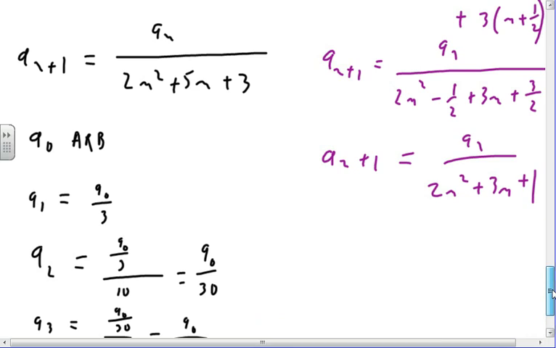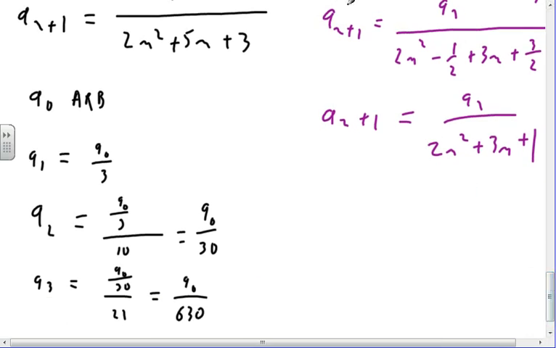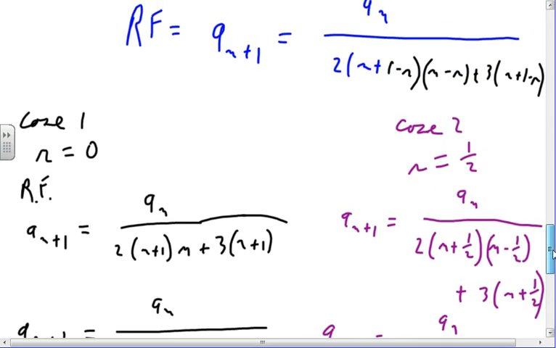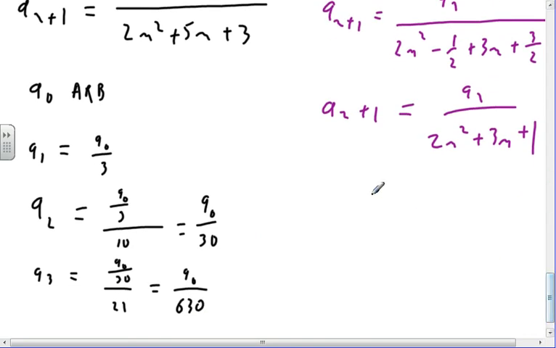All right, now we're going to look at the other side. And we're going to say a0 is arbitrary. A1 is going to be 0, because that is 0. A2 is going to be a0 divided by 6.